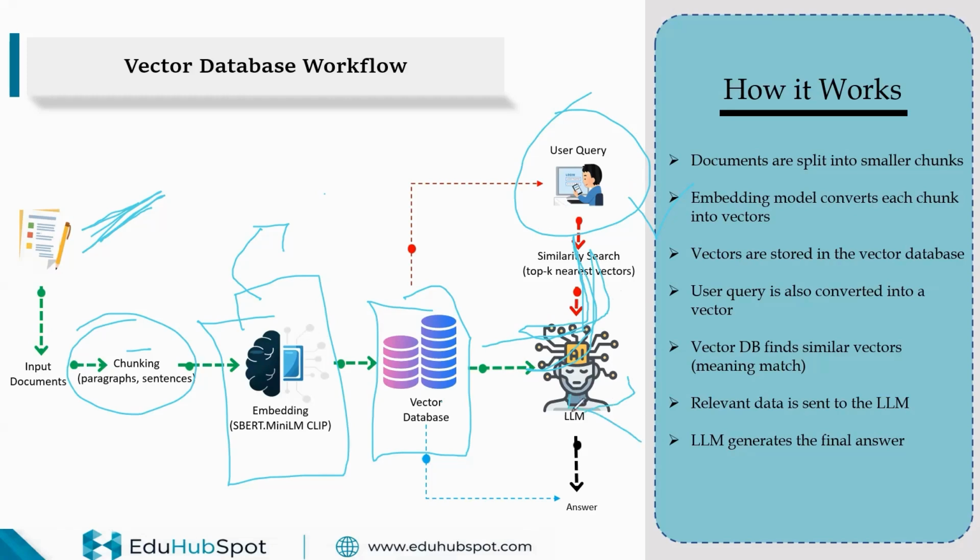And finally, our LLM helps the user get an answer. It will produce an answer from all the useful information fed to it. So, in simple terms, we convert everything into numbers, find the most similar ones, and then use that data to generate the final answer.